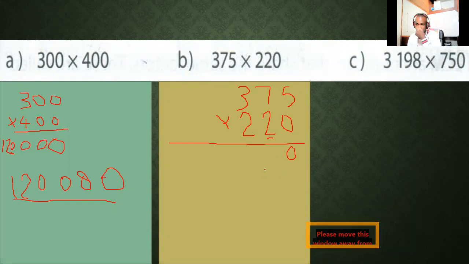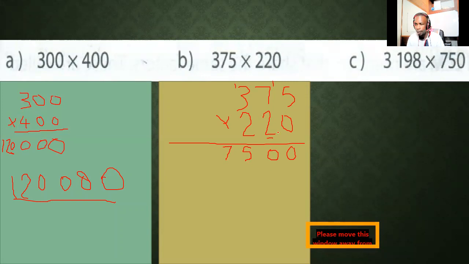Now let's work. 2 times 5, 10. Carry 1. 2 times 7, 14, plus 1, 15. We write 5. Carry 1. 2 times 3, 6 plus 1, 7.